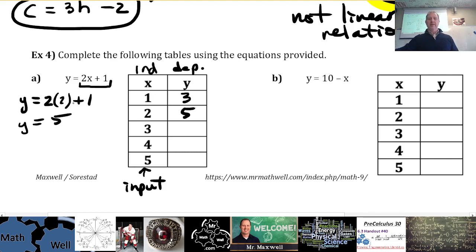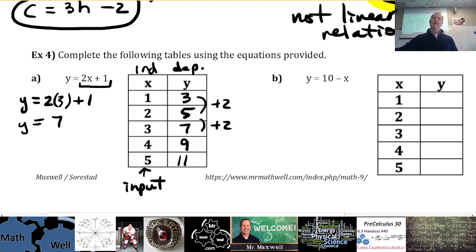You put a 5 there. 2 times 3 is 6, plus 1 is 7. You put a 7 there. You can see a pattern emerging, right? This is plus 2, this is plus 2. So guess what this one's going to be? 9. 2 times 4 is 8, plus 1 is 9. This one's going to be 11.